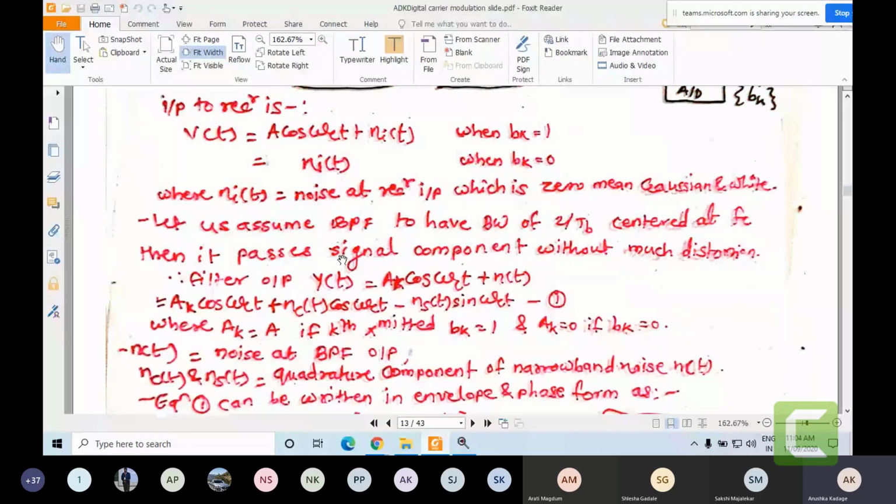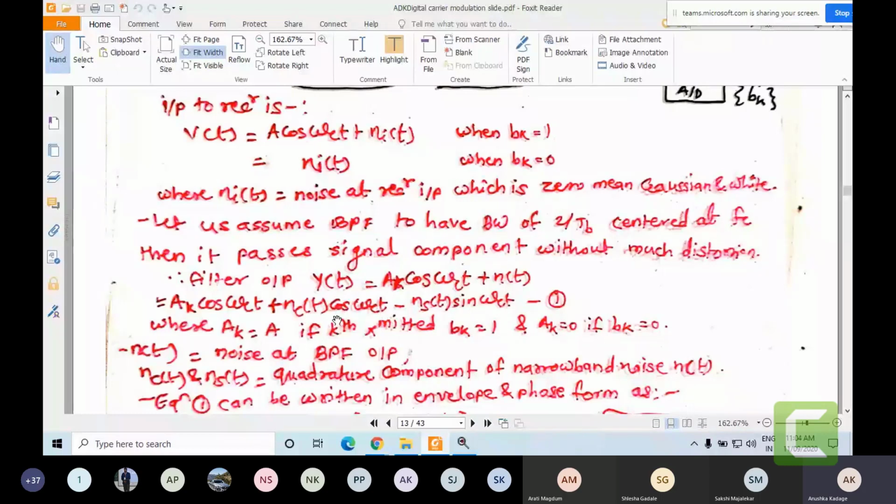So after the filtration by the band pass filter, we will get the output as Ak cos of omega c t plus n(t), because our signal is A cos of omega c t plus n(t), or it will be only n(t). Now, when I look at this signal, I can separate out this noise component in terms of two noise component signals.